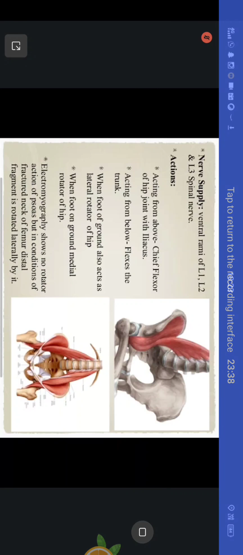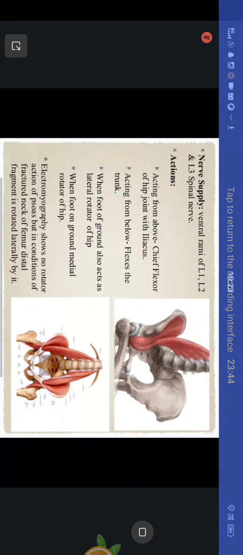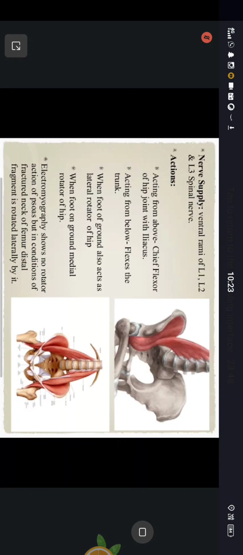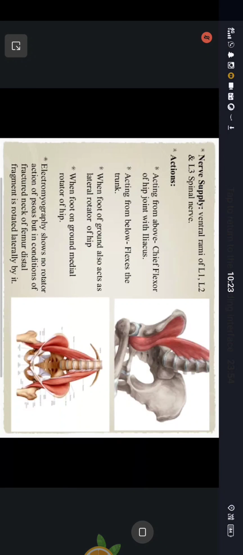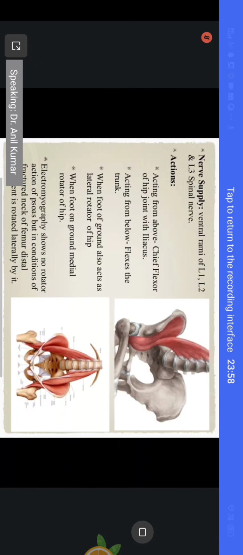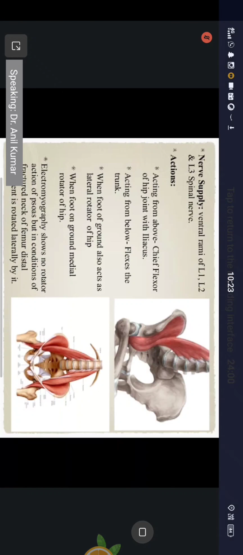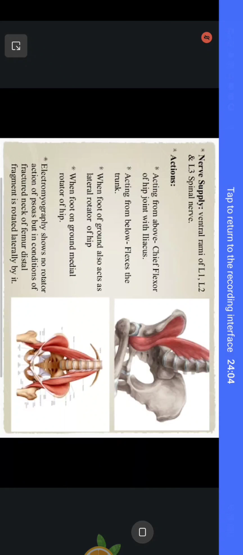If they are weakened, how will the posture be? I'm giving you a clue: you might have seen at home that in older people the posture will not be erect. How will it be? Someone said whooping, remember, not whooping, something else. Can anyone say?